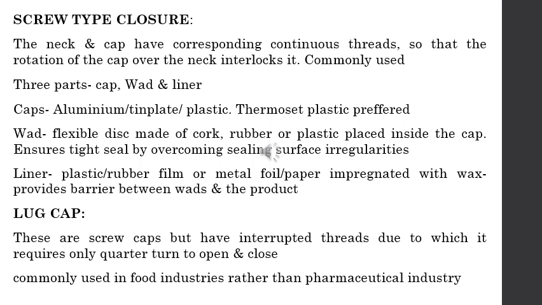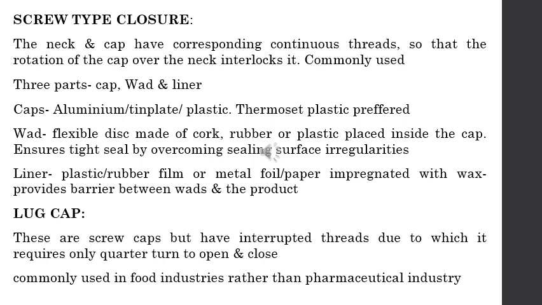This wad ensures a tight seal by overcoming sealing surface irregularities. Next we have the liner. The liner is made up of plastic, rubber, metal foil or paper impregnated with wax. This provides a barrier between the wad and the product.